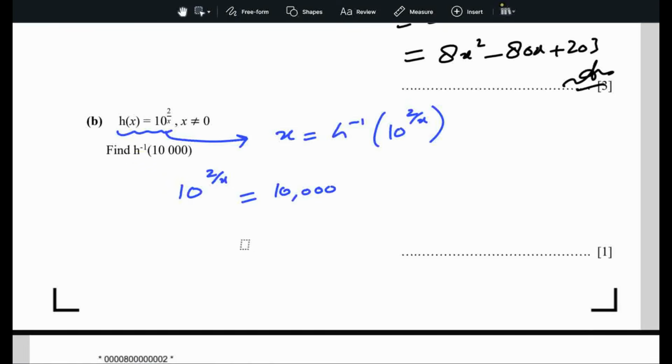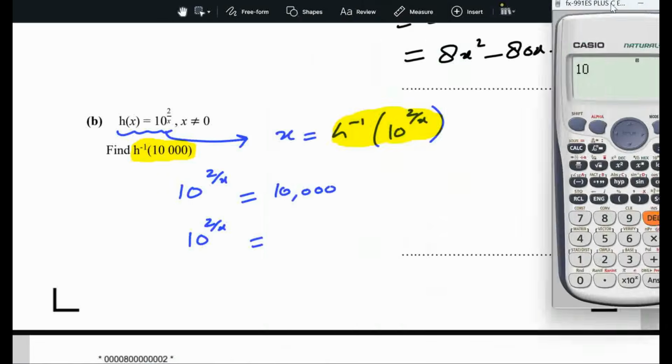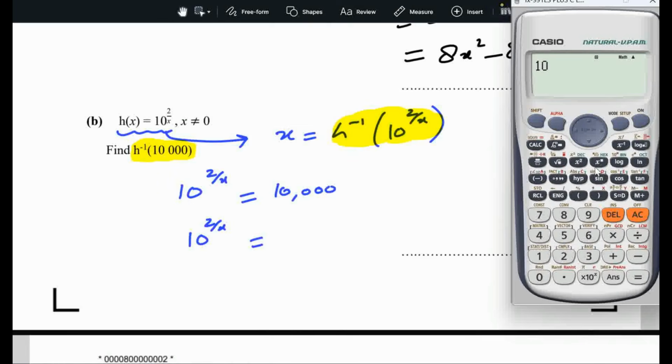Because we are just comparing it, find h inverse of this. So we can just equate it, and we know that 10 power 2 by x is equals to, we have to make the same basis. So just write 10 power what? 10 power 5, no, 10 power 4.